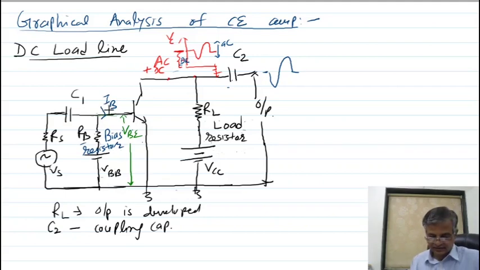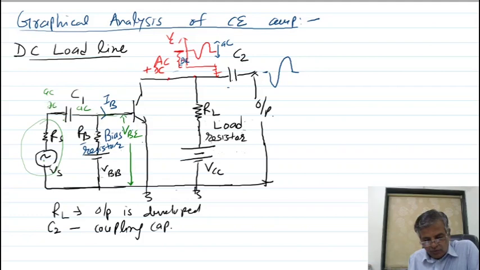Okay. Now C1. C1 is also called a coupling capacitor that allows only AC. Here only AC will come. If by mistake AC plus DC both are there, this blocks the DC and allows only AC.